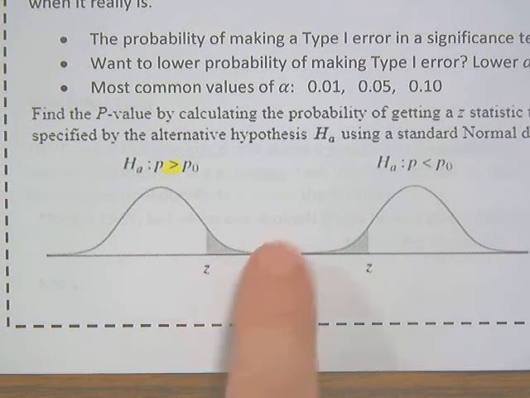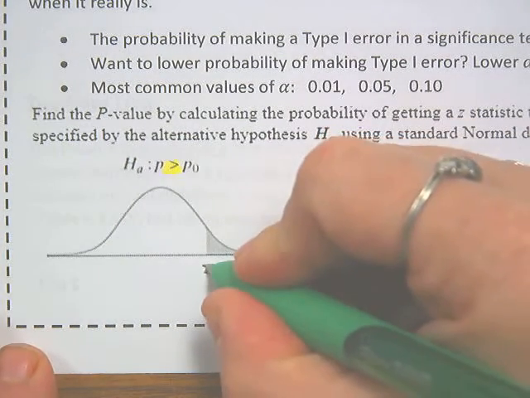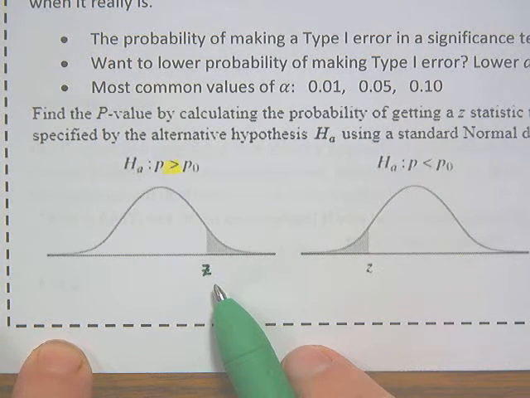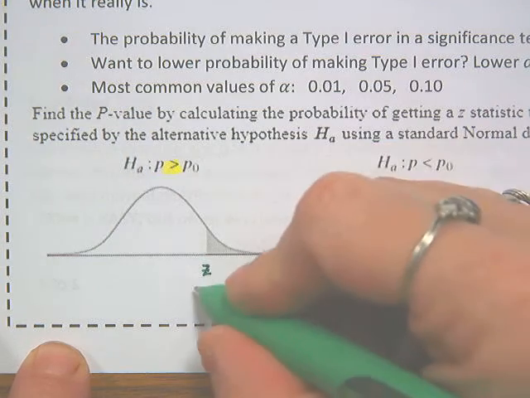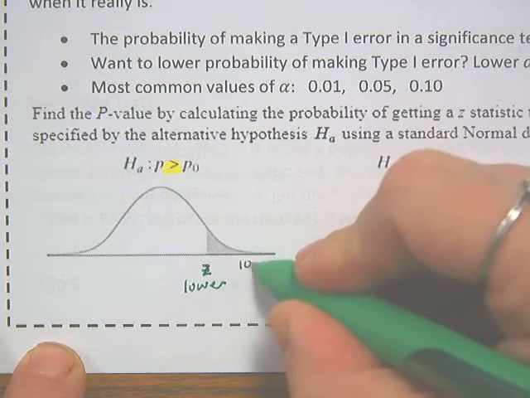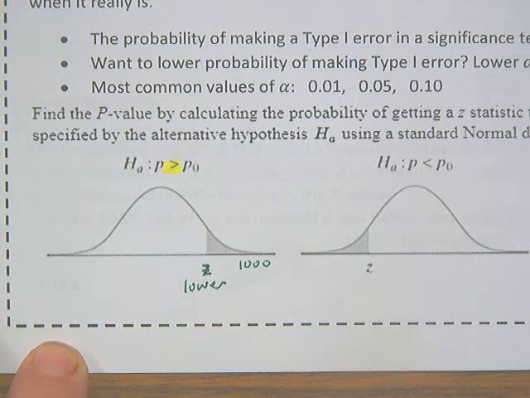Now look at what that picture is telling you. The z value that you found in step 3, the do part, is going to be your lower that you put into the calculator, and your upper is going to be the 1000. So write that teeny tiny on there.